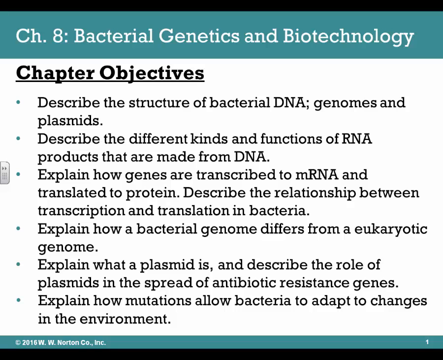Okay, so Chapter 8 reviews in more detail and gives more detail about the genetic makeup of microbes, in particular bacteria, but also key differences between prokaryotic microbes like bacteria and eukaryotic microbes such as fungi.